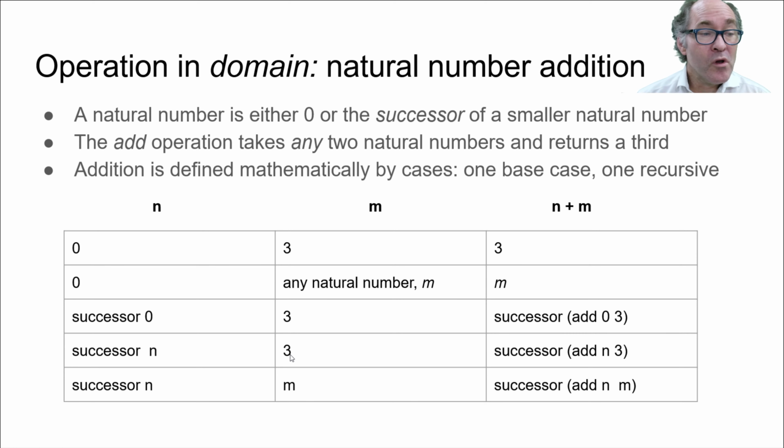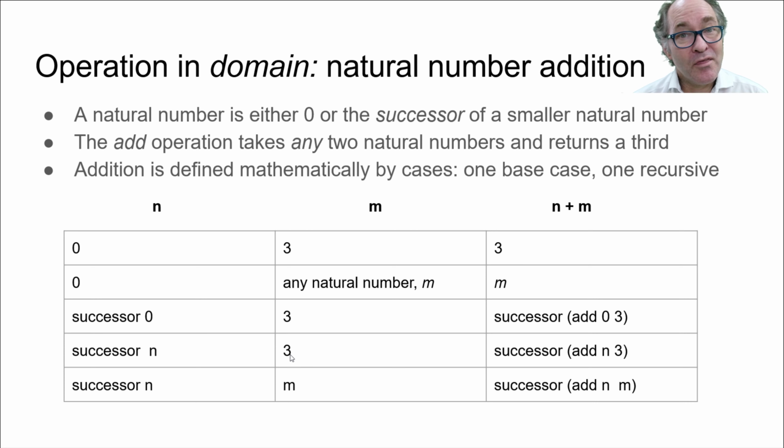I'm adding one more than n and 3. How do I do that? Well, the result is one more than the sum of n and 3. In other words, if I'm adding 1 plus n and 3, the result is 1 plus the sum of n and 3. And adding n and 3 is easier than adding n plus 1 and 3.